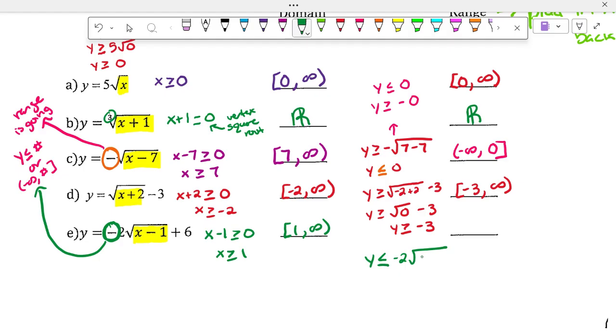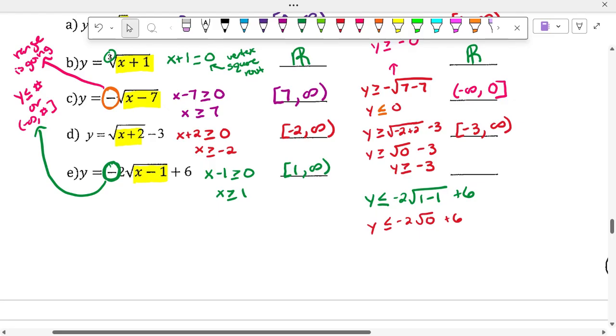Not x minus 1, but because I'm trying to find the value for the range, we use our domain value. So 1 minus 1 plus 6. So this would be -2 square root of 0 plus 6 less than or equal to y. So what is that, Eli? You have the 6 to the other side, right?